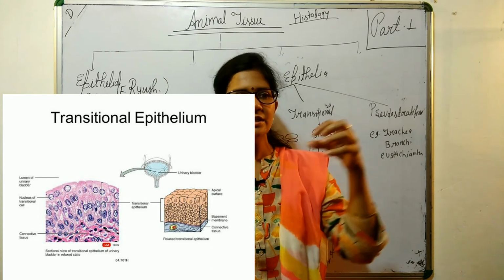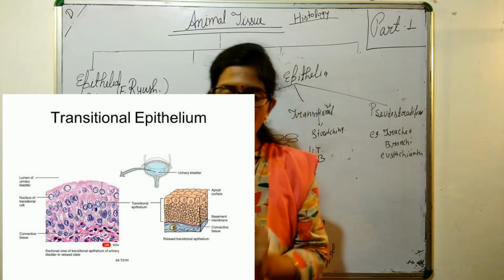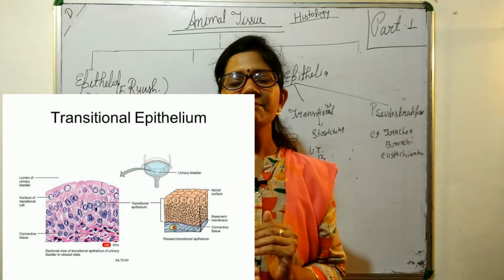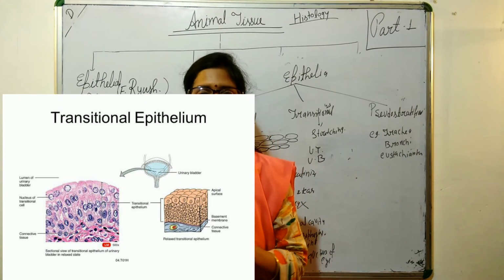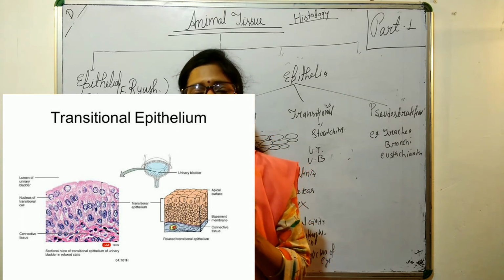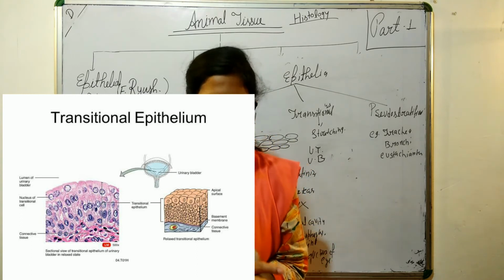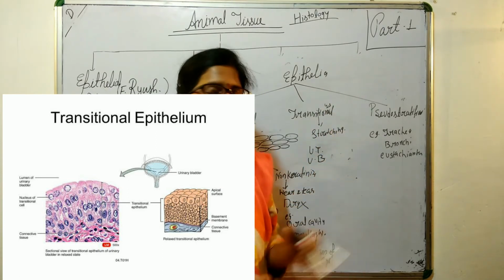It is a transition stage between the cuboidal and the columnar epithelial tissue. And they are mainly meant for stretching. If any part of the body needs stretching at the time of requirement, then there you will find this transitional epithelial tissue.